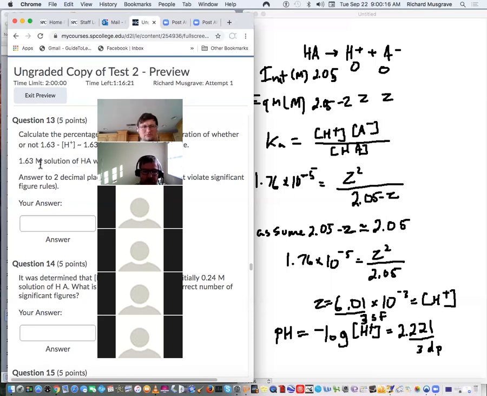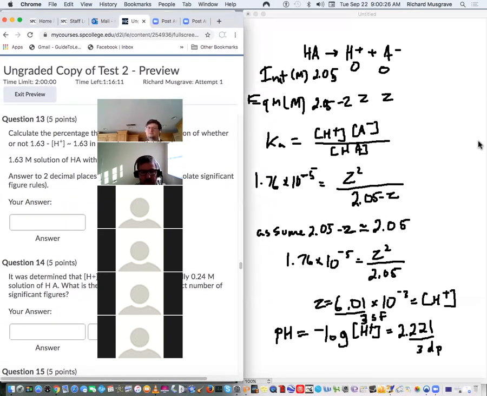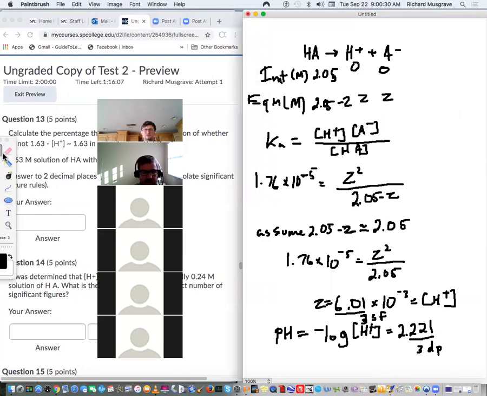So we've got a 1.63 molar solution of HA, and the Ka is 8.1 times 10 to the negative 5. I'm going to cheat a little bit here, and I'm just going to change some stuff out.